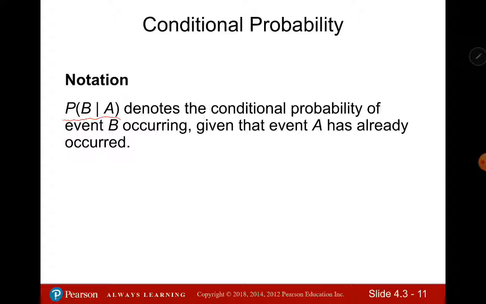It's still the probability of event A, but this time it has the condition. It's still about the probability of event B, but this time it has the constraint. It has the condition. A has already happened.